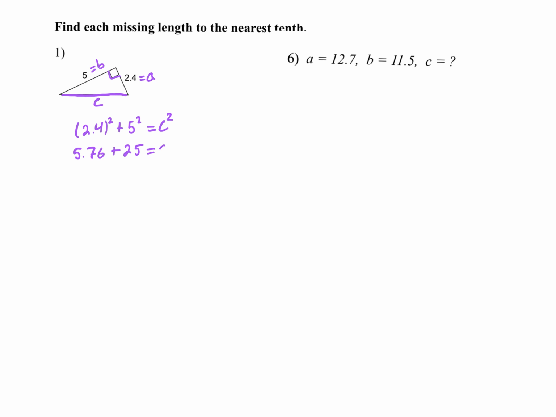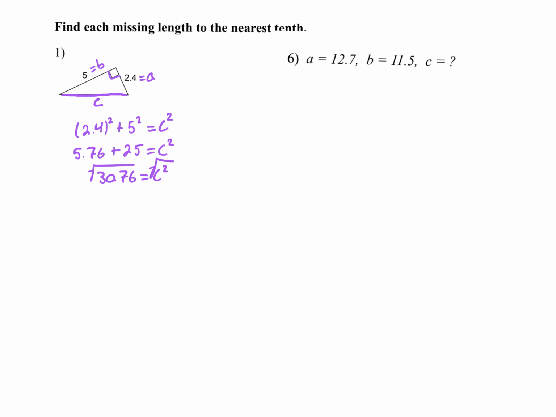And then C squared is just C squared. So the left-hand side comes out to be 30.76 is equal to C squared. Since we're wanting C, we would just simply take the square root of both sides.